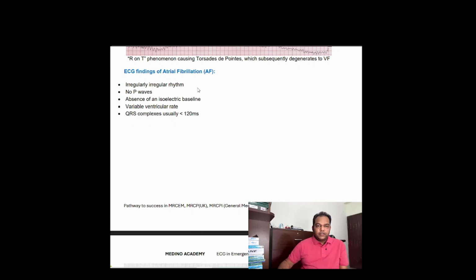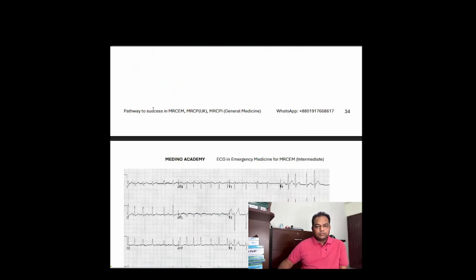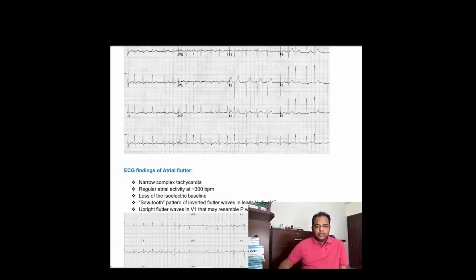Now these are the findings of atrial fibrillation. The most common presentation is irregular rhythm. That means the RR interval is irregularly irregular, and P wave is absent. Now you can see here there is irregular rhythm, the RR interval is irregularly irregular, and there is no P wave.